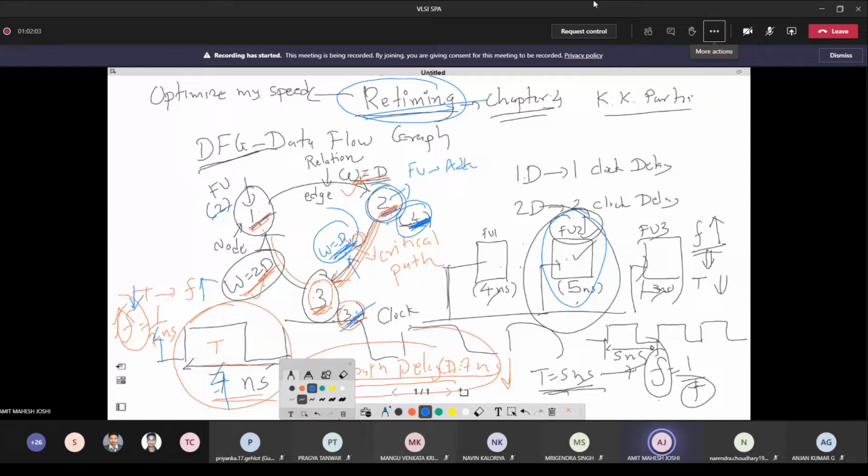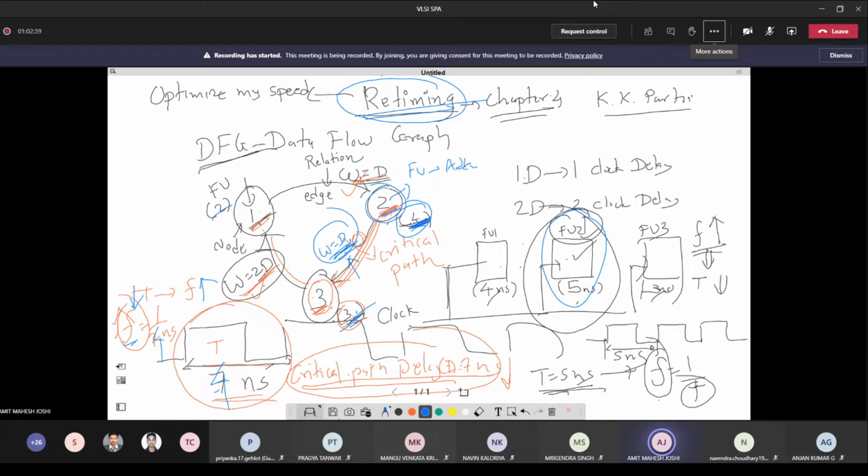Now another thing: for this particular diagram, if I think about the base performance, it is the minimum period that I can achieve. What could be the base performance of my graph? The base performance of the graph is the maximum frequency that I can achieve, which corresponds to the minimum period of this graph. The minimum period is decided by the maximum delay of a particular node.